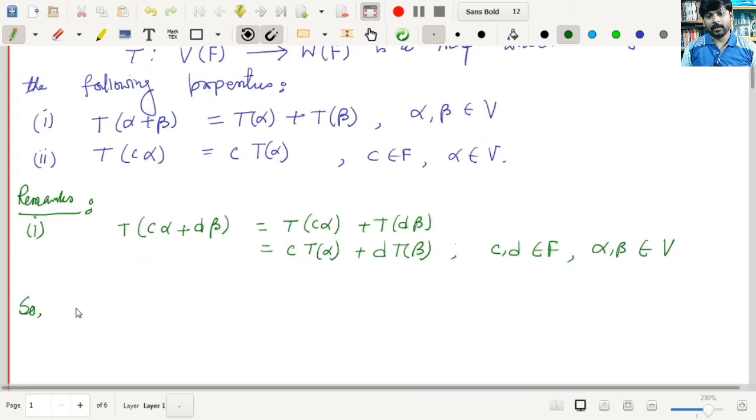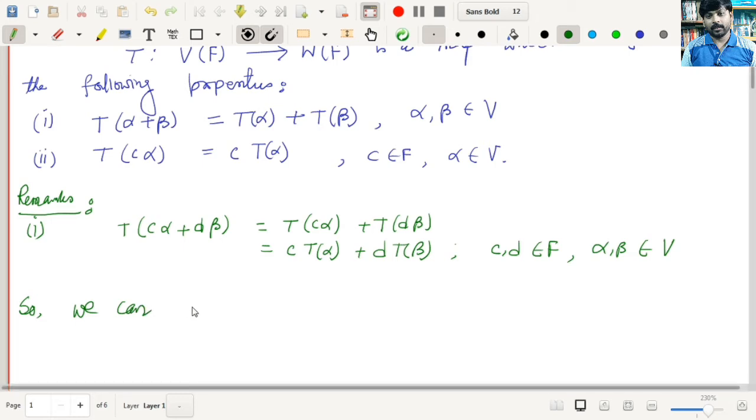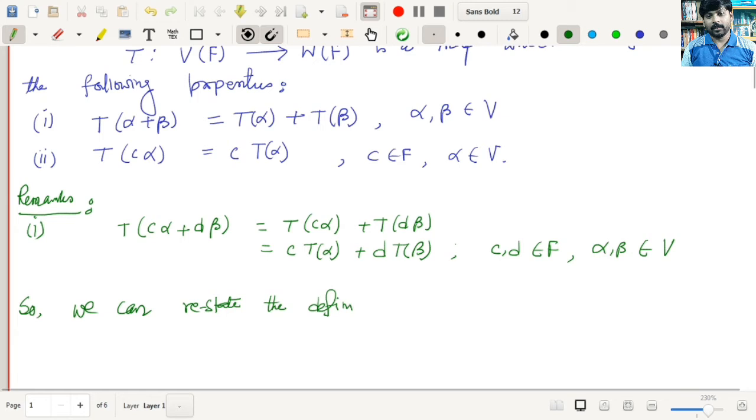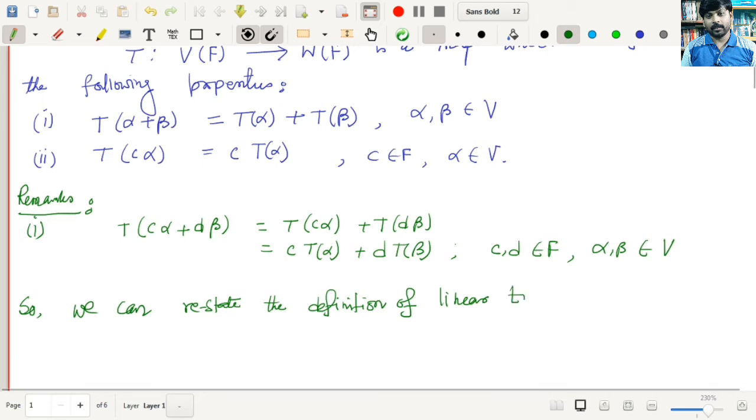So we can restate the definition of linear transformation as follows.